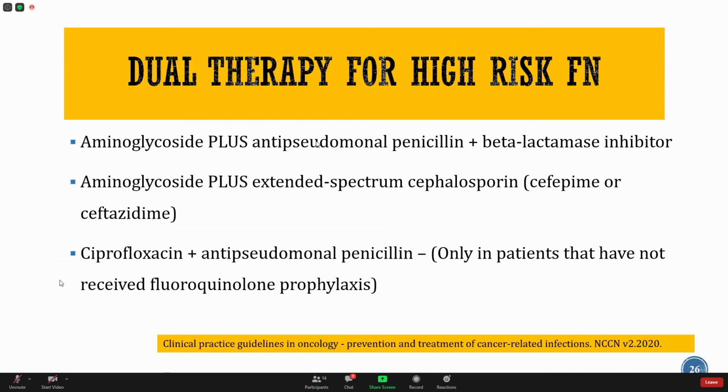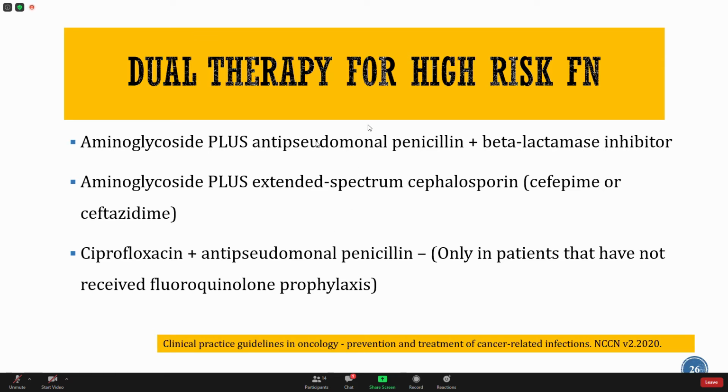Some centers are using dual therapy for high-risk febrile neutropenia patients, and Ministry of National Guard Health Affairs Jeddah is one of those hospitals. The reason is our antibiogram. When we wrote the guidelines the first time in 2009, we had around 15-20% ESBL, extended-spectrum beta-lactamases, which are not covered by tazocin or piptaz.